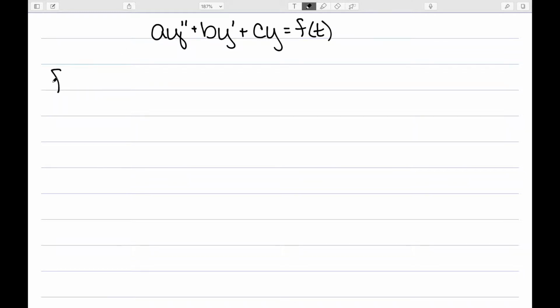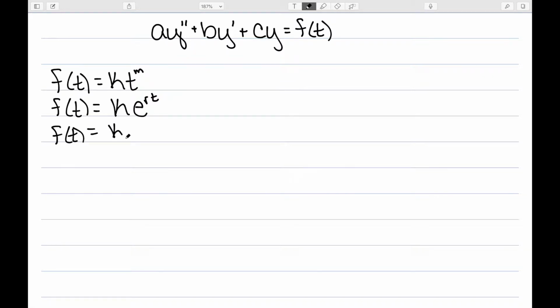The first type I'm going to consider is when f of t is equal to kt^m, where k is a constant and m is a constant that is greater than or equal to 0. The second type will be of the type k times e to the rt, where once again k and r are constants.